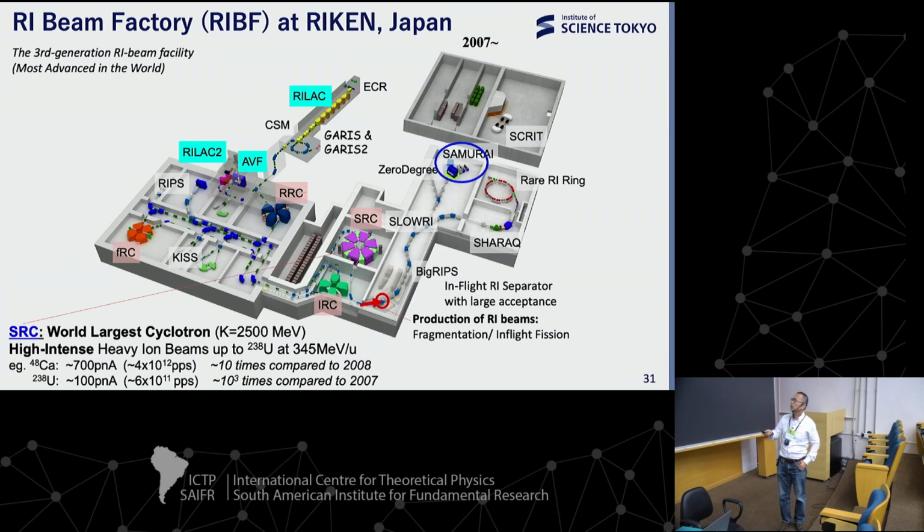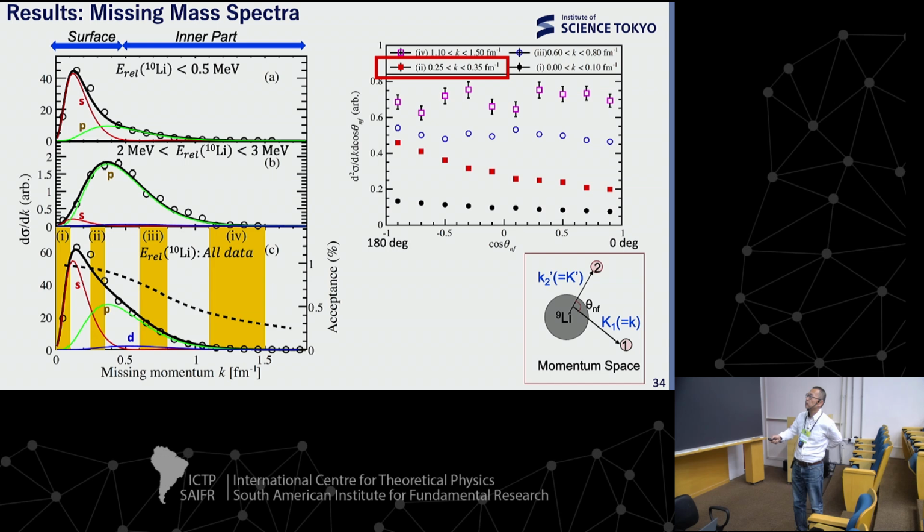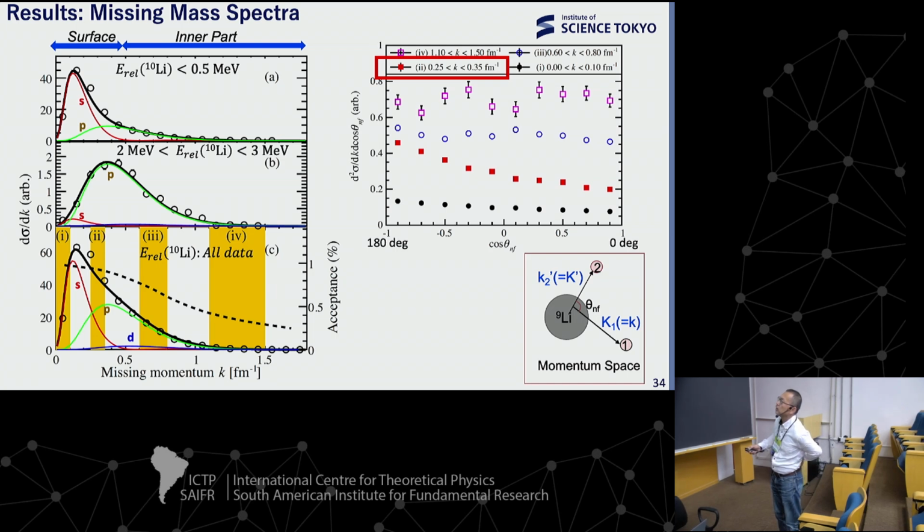So we just investigate the ground state of lithium-11 in this case. This is the result. What you can see here is the missing momentum K. Small k means the first knocked-out momentum. There are three regions of lithium-10: very small energies, less than 0.5 MeV; 2 to 3 MeV; and all data.